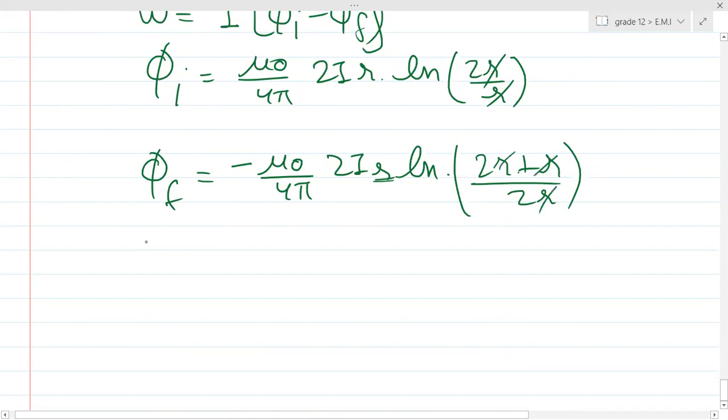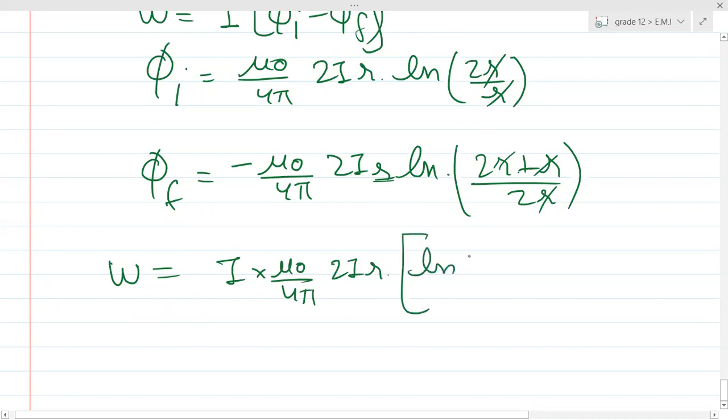Yes or no? So now the work done will be I into mu naught by 4 pi into twice of IR, then in the bracket it will be ln of 2 minus ln of 3 by 2.